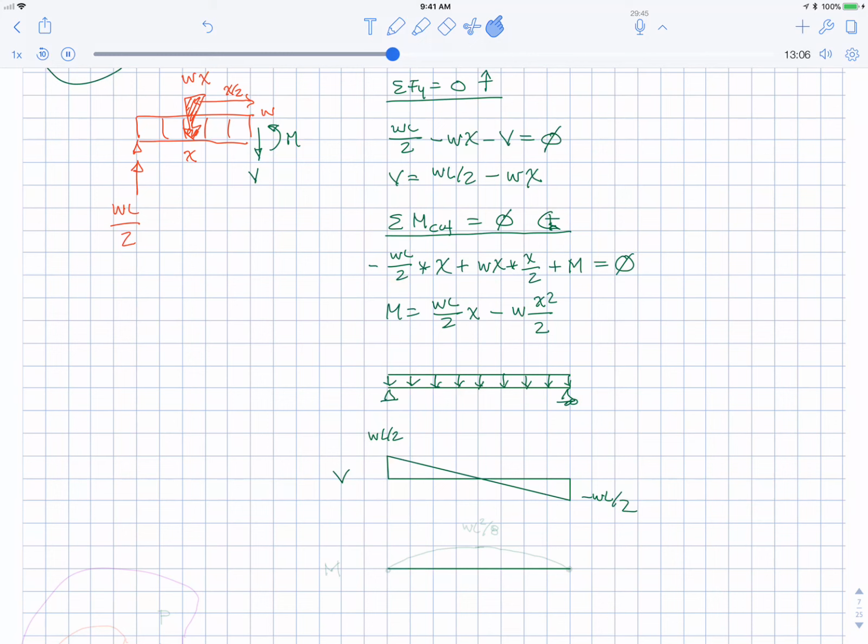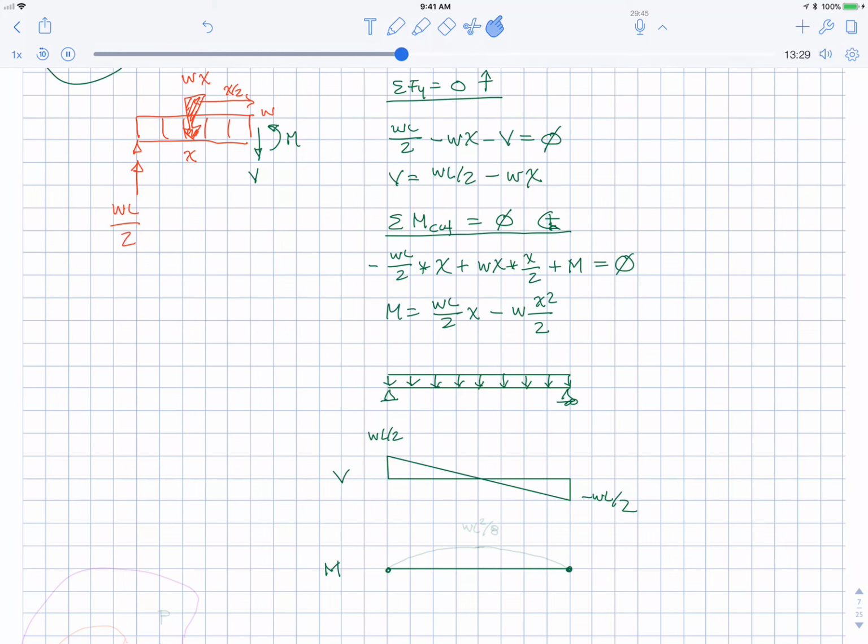Next, let's plot the moment diagram, or the moment plot. When you plug in x equals 0 into the equation for the moment, it turns out to be 0. Interestingly, when you plug in x equals L, you get WL squared over 2 minus WL squared over 2, which is also 0.